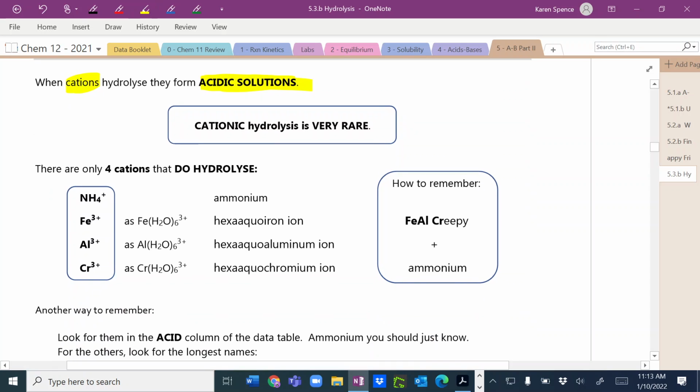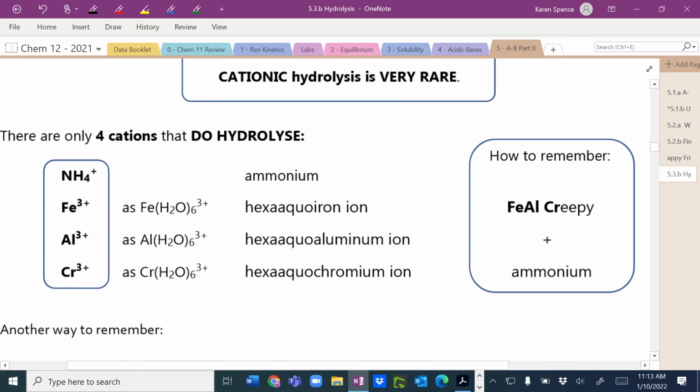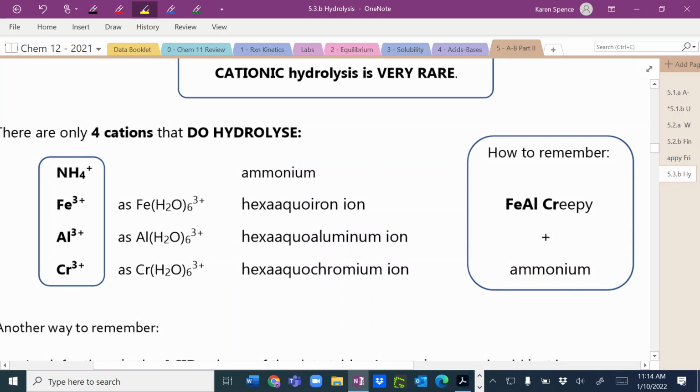Okay? So here are the 4 cations that do hydrolyze: ammonium, iron 3+, Al3+, and chromium. So iron, aluminum, and chromium.